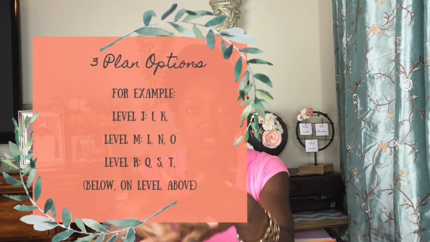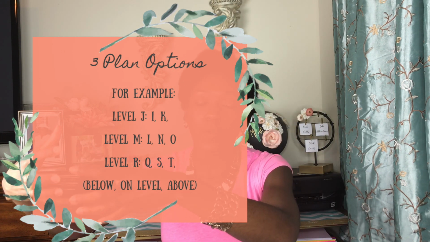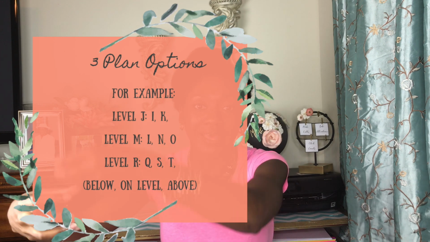And then as I got a better feel for their letters, I might choose an M text, I might choose a J text, and then an L or M text, and then like an S text or like an R text, right? So the letters that are closest to J, boom, this is for you. And then M, this is for you. So L, N, O would be with M, and then I would have my R, and that'd be the Q, S, T, right? Because I don't want them to be frustrated while they do the task.